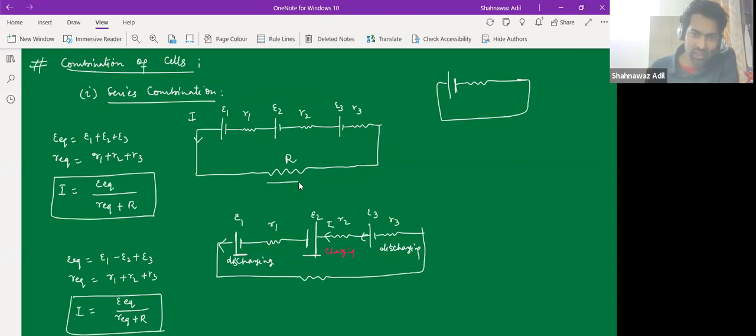So we need this load resistance to measure the voltage or voltage drop, right? We have to add some device to this cell. So this is some device that we are adding, right?